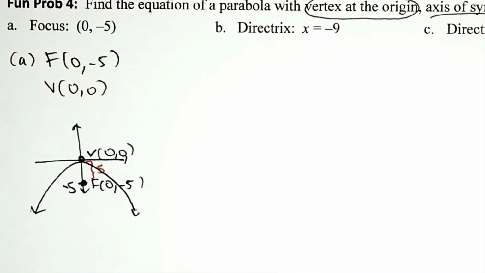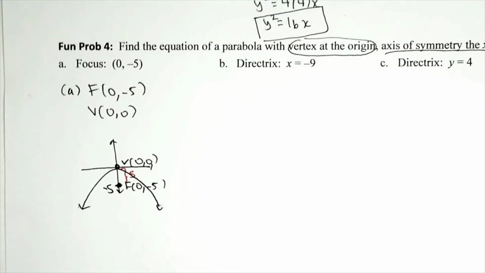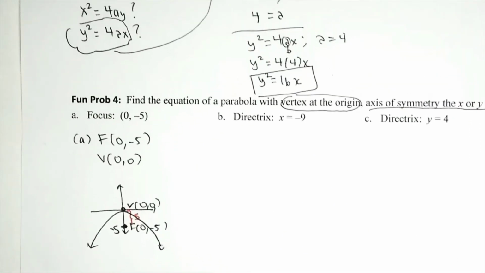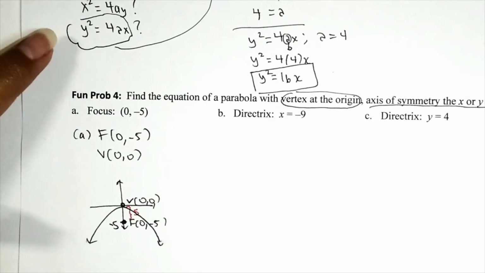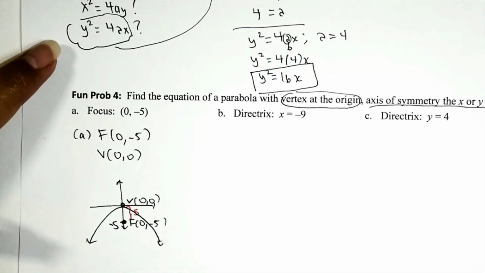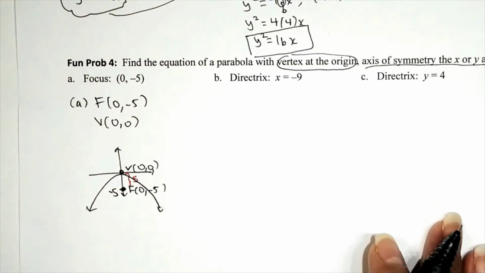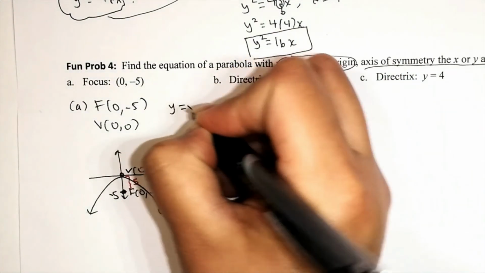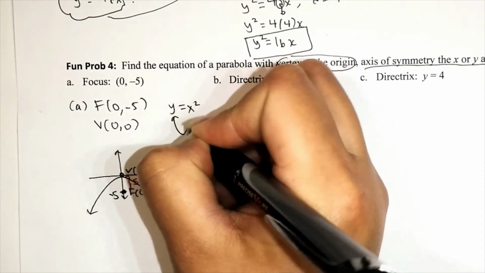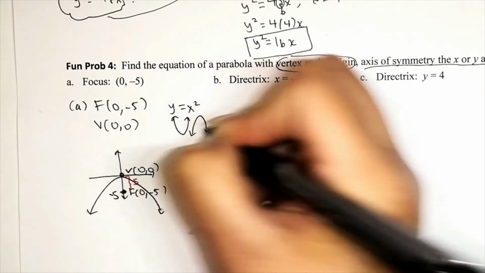So the question is, what is the equation going to look like? Is it going to be x squared equals 4ay or y squared equals 4ax? I'm going to just start from scratch. If we had y equals x squared, depending on the value of a, we're going to open up or down.